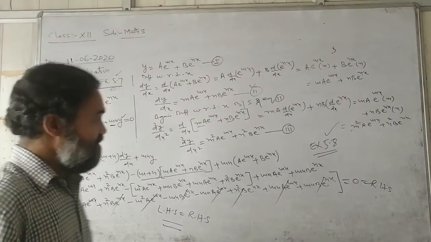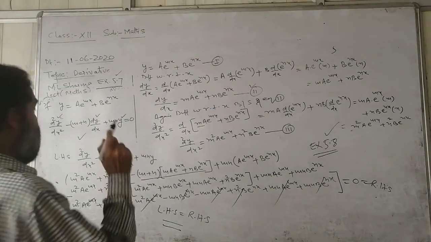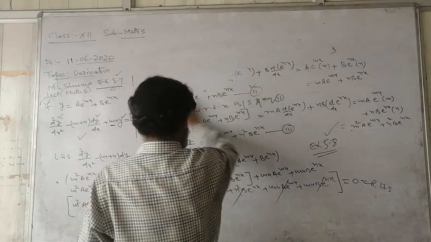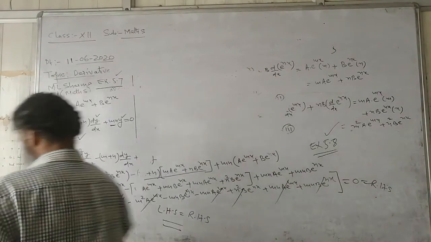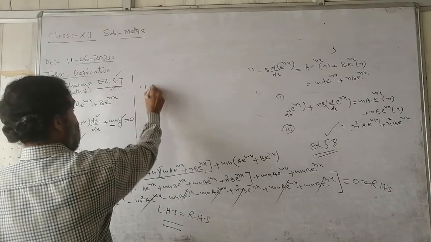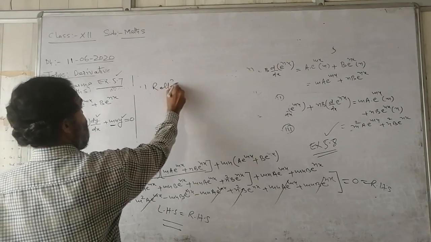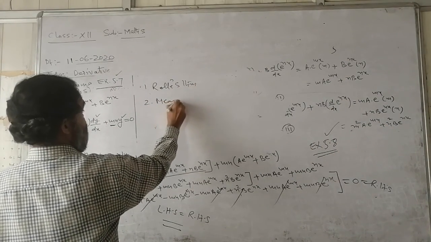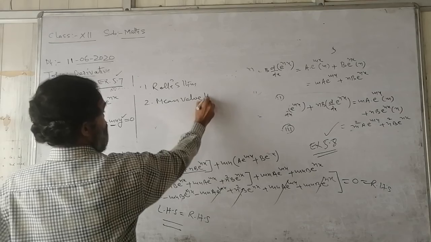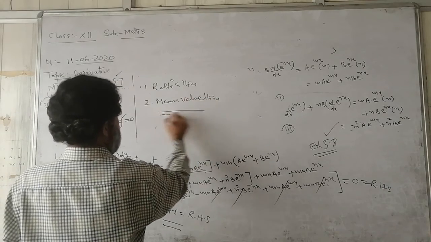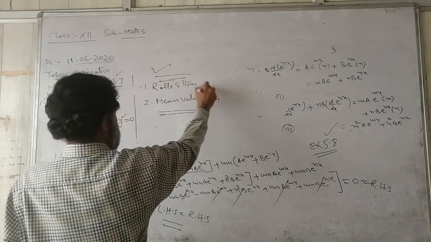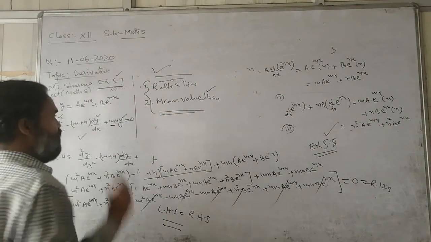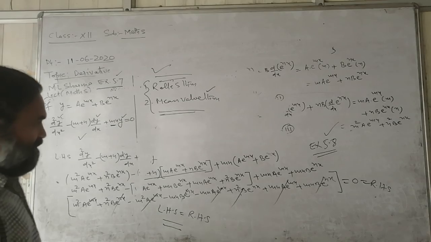Before I solve these questions, there are 2 main important theorems: number 1 is Rolle's theorem, and number 2 is the mean value theorem. First I will make these 2 theorems clear, then afterward I will take the exercise.